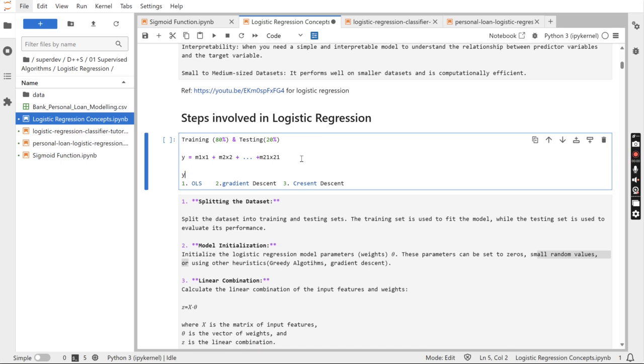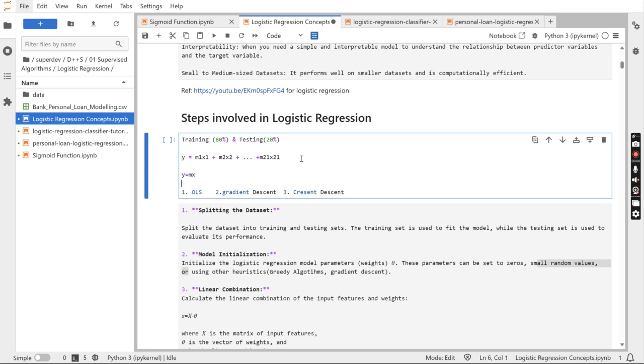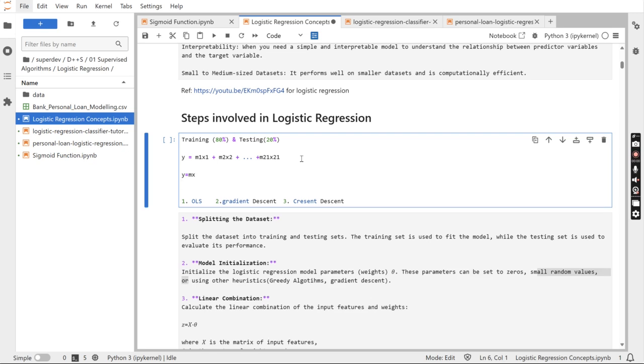For simplicity, I will take y is equal to mx, and ignore c. If you want to solve for m, you take y divided by x and you get the m value. That is in normal division.